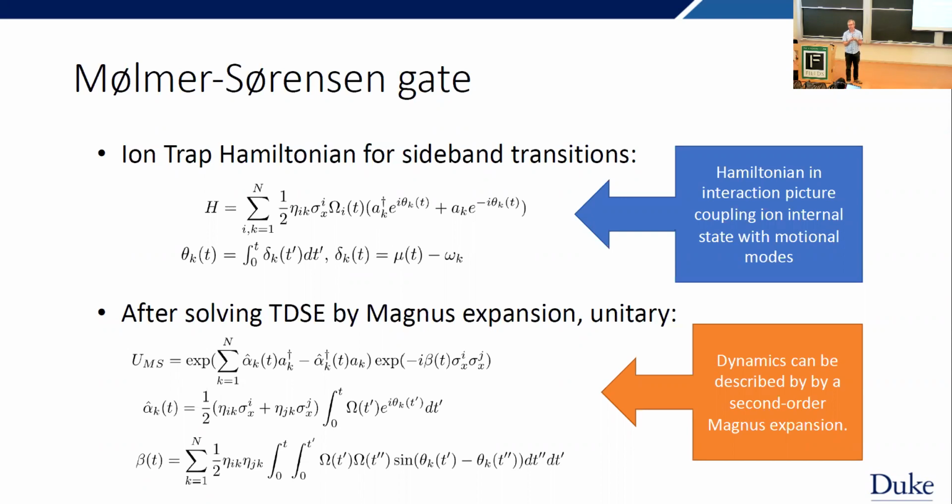So at second order, it just ends, and you're done. When you do that to second order, you get a first term, which is a spin-dependent displacement, and a second term, which is the Ising-type interaction between the two spins we want. And so the goal is we just turn the first to 0 by integrating it out. It's the bad part, and we make the second to be the angle we want.